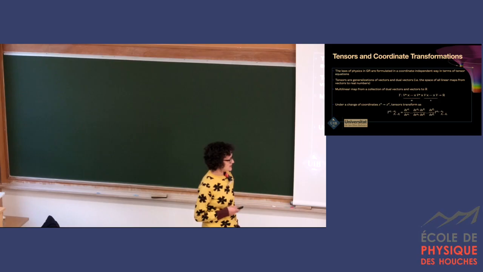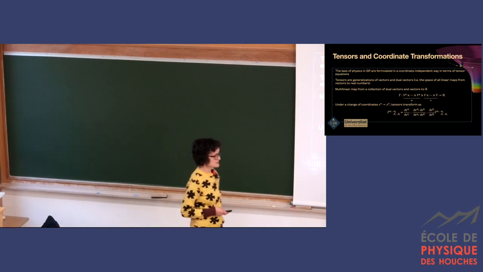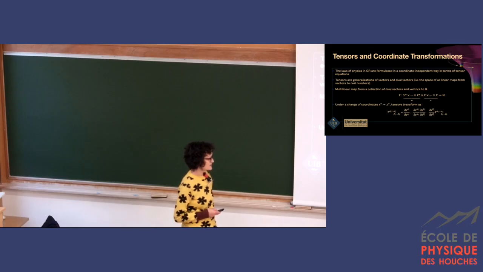The nice thing about tensors is that they transform in this Jacobian-like way that you've probably seen many times. If I make a coordinate transformation, I can always express my tensor in my new system of coordinates just by applying this Jacobian-like term.